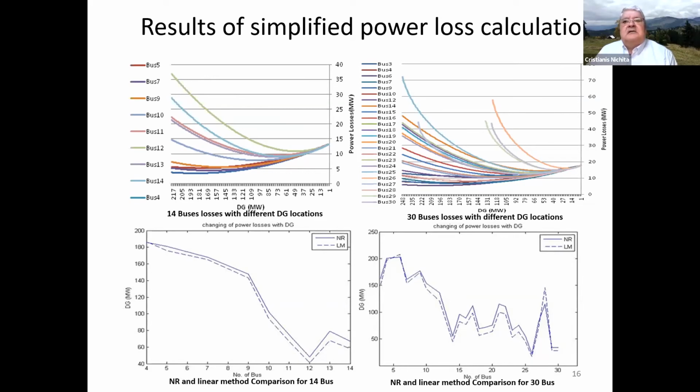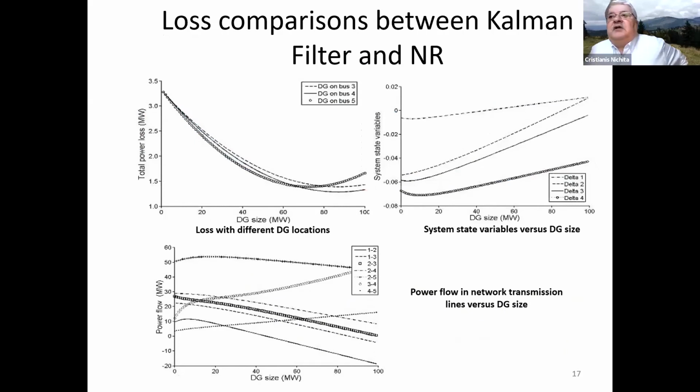There are some differences that we'll see after this slide. For example, the obtained minimum power loss point of each DG placement represents here the optimal DG size. It can be noticed that the system behavior follows the system input, so the size of DGs.